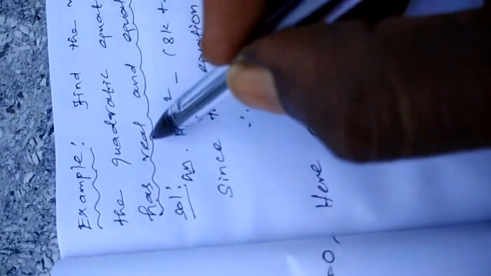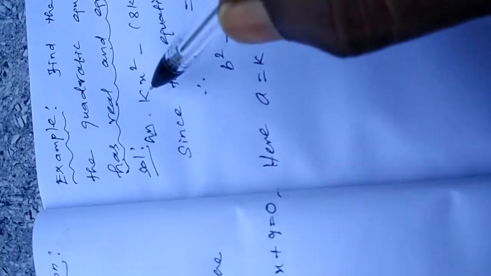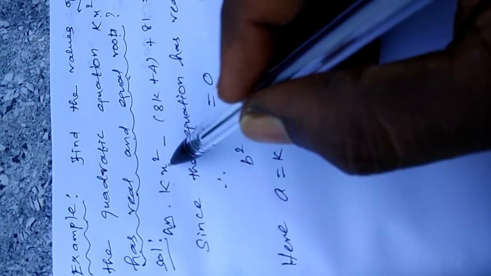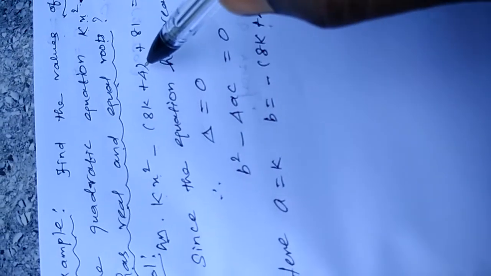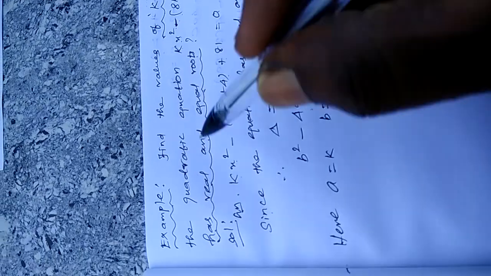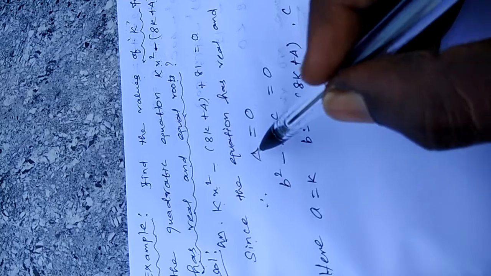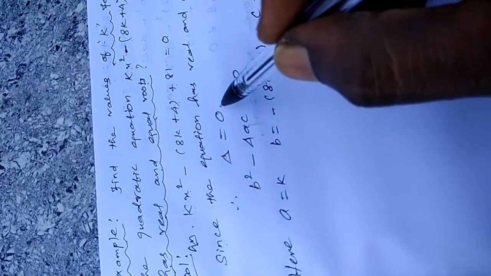Solution: given the quadratic equation kx squared minus (8k plus 4)x plus 81 equal to 0. Since the equation has real and equal roots, from the question, therefore delta equal to 0.